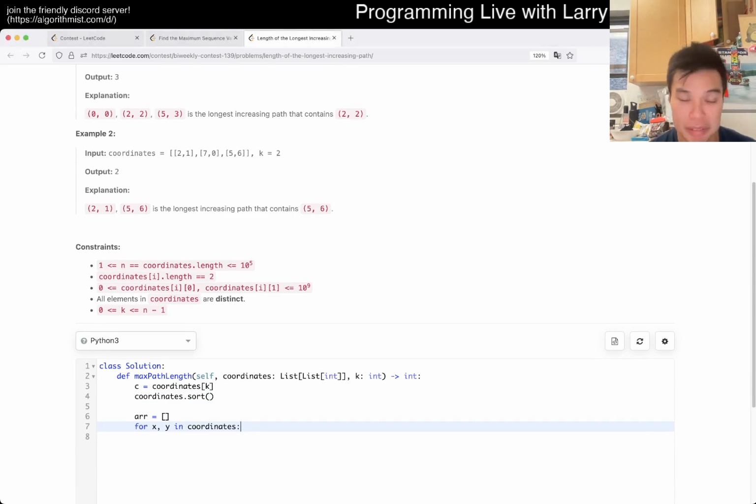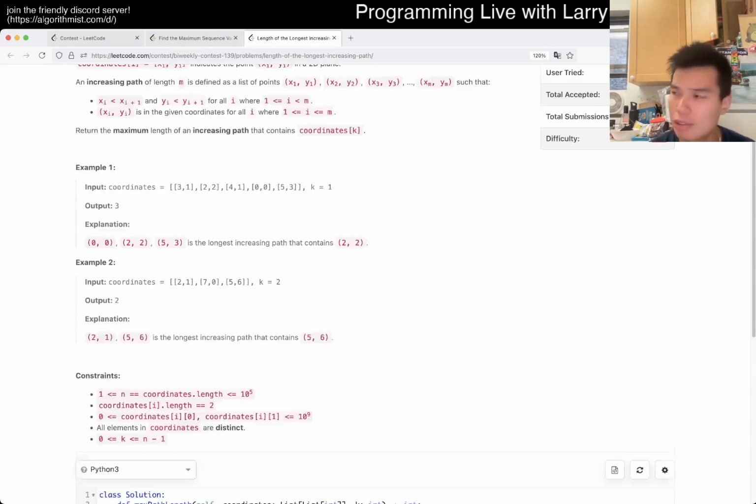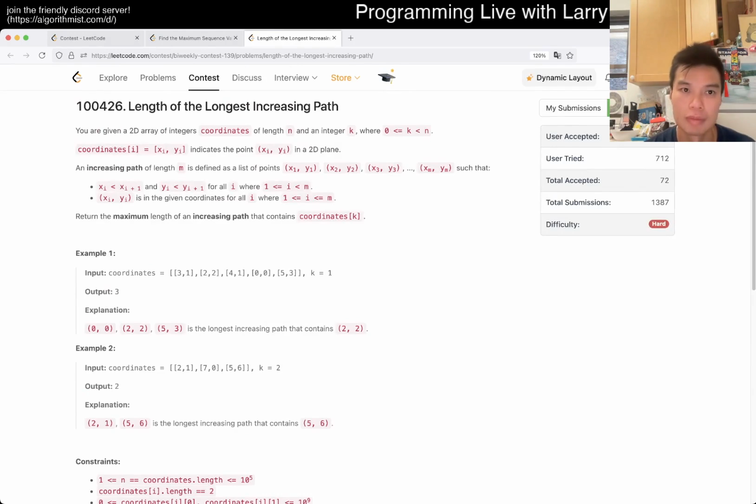That's not that bad, in theory. I forget how to do the thing though. I've done this problem before though. I think I did it like a decade ago.